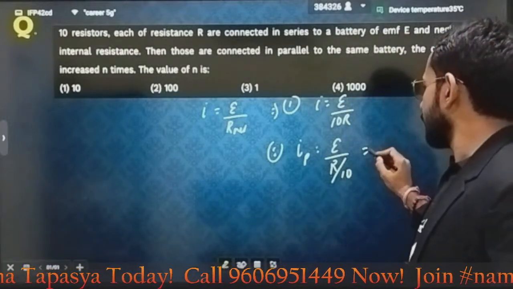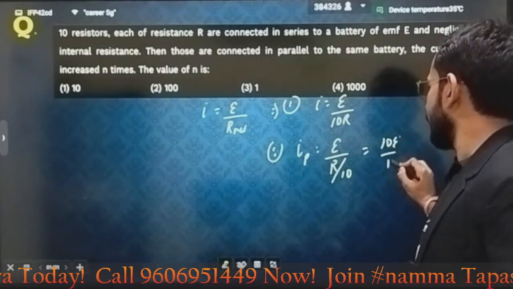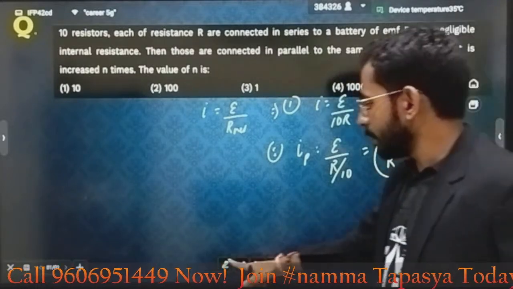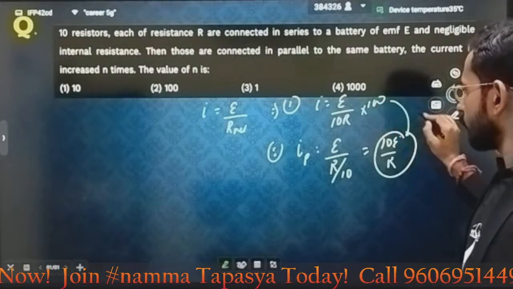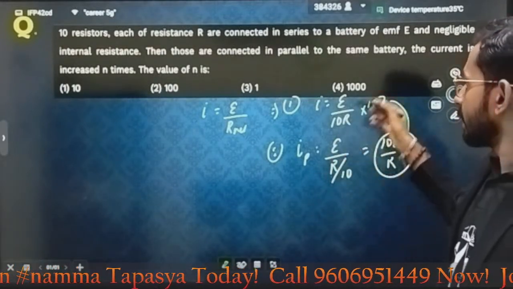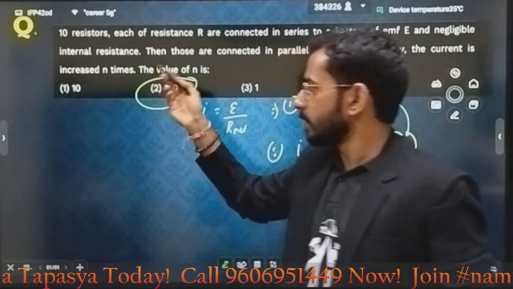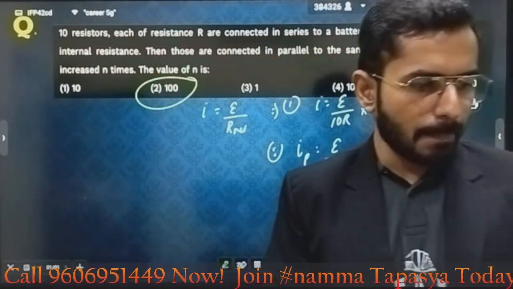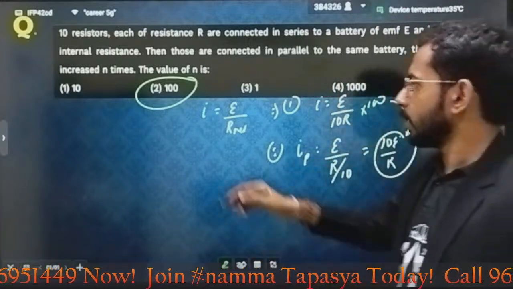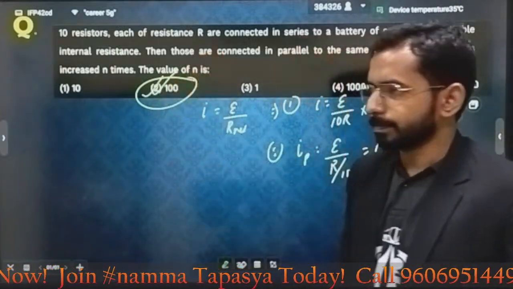That means effectively my current now becomes 10E by R. So how many times has the current increased? If I multiply by 100, can I say I got my final answer? That means 100 times I have increased the current and I got my final answer. Clear? So the answer will be option 200. Simple.